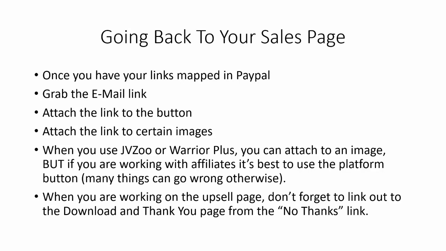If you are recruiting affiliates, you can have situations where your affiliates won't get credit and won't get paid because they're going to end up with their stats wrong. The only way you can really assure this, and even this is not 100% sure, is to use the JVZoo or Warrior Plus button that they give you. You can just link out to the button you have, but I would suggest that you don't, unless there's a business reason for you not to.